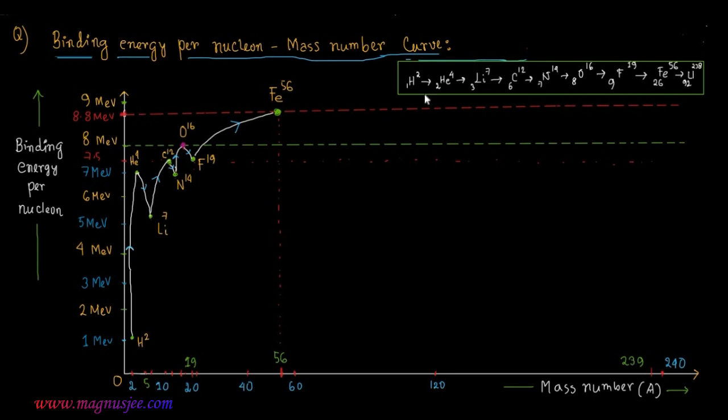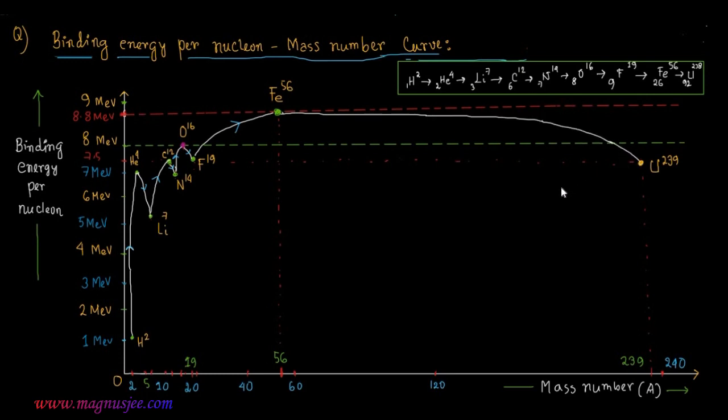Now we can denote an imaginary vertical line having mass number 239 to denote the position of uranium nucleus. This point is indicating the position of U239. Now we can connect iron and uranium 239, or draw the binding energy curve between iron and uranium nucleus.